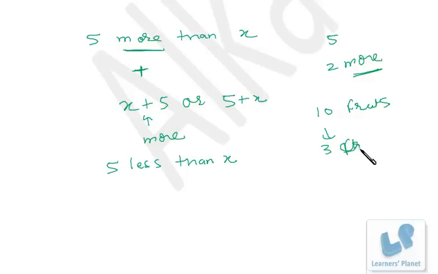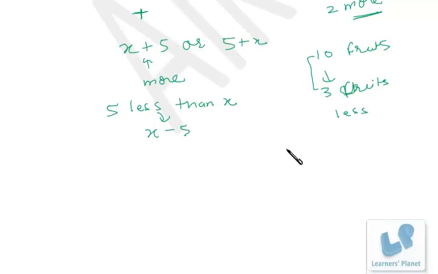Then what will you do? 10 minus 3, that means 7, right? The same operation we will be doing over here. So 5 less than x, that means you have to deduct 5 from x. So that is x minus 5. So less is what? Minus sign. More is what? Addition sign.